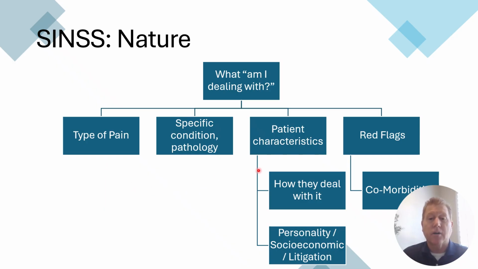And then what are the patient characteristics, how they're dealing with it, as well as their socioeconomic status and personality, and is there anything else that may be spurring them to have this discomfort, such as a litigation case that is currently ongoing? That could be a yellow or even an orange flag from a psychological standpoint that would help us better understand their case. And then finally, we have red flags and comorbidities that we need to be aware of.